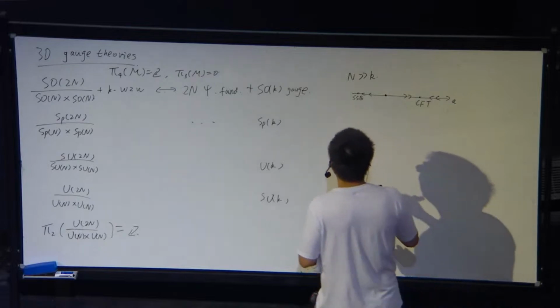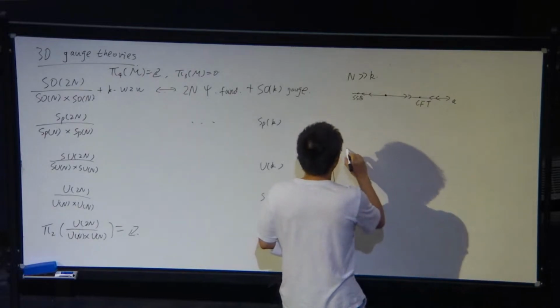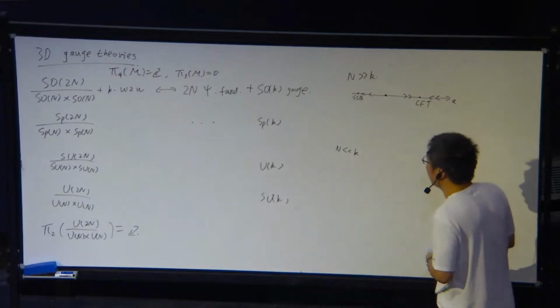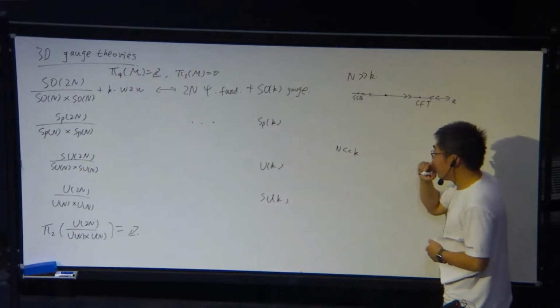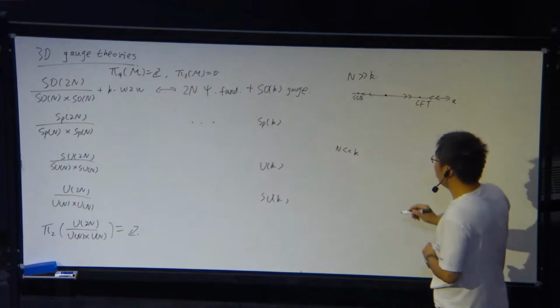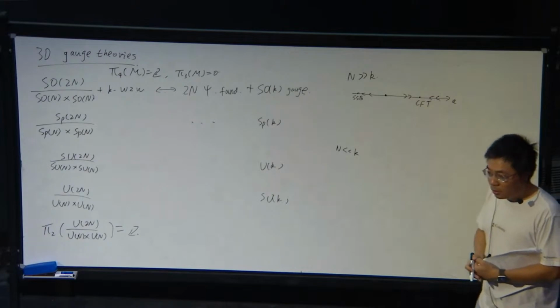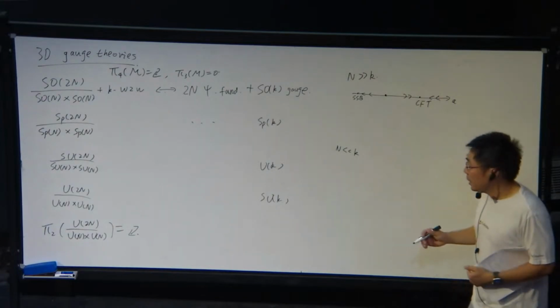We know another situation: when my rank is much larger than my flavor number, I will end up with a gauge theory that doesn't flow to a conformal fixed point, right?